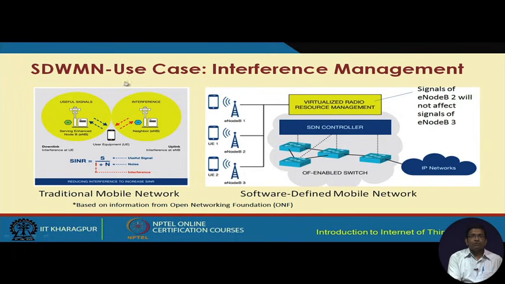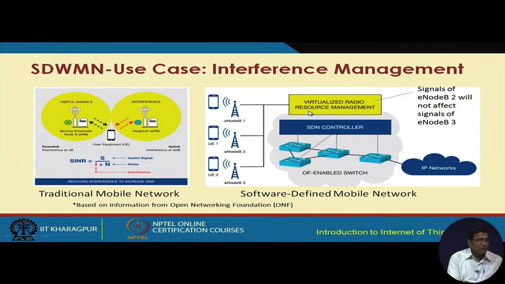It tries to address this problem of interference through the help of SDN. Here we see the architecture of the software defined mobile network. We have an SDN controller and the virtualized radio resource management unit, which takes care of the problem of interference.